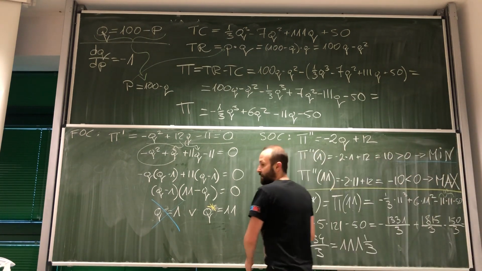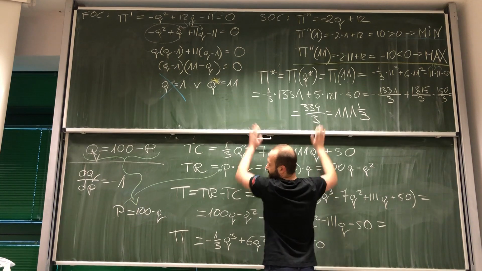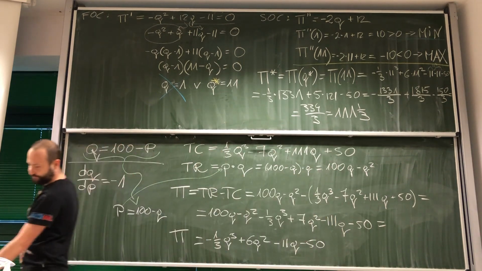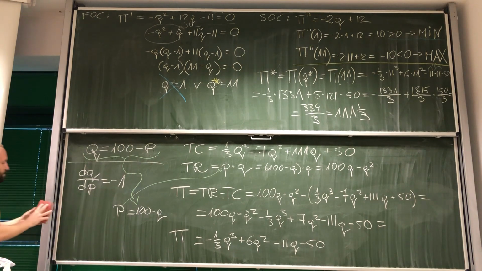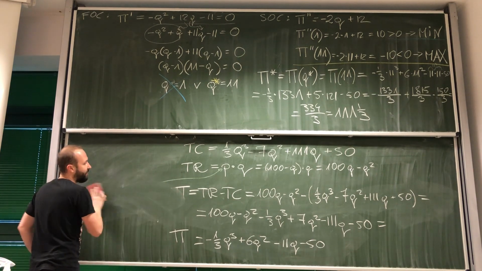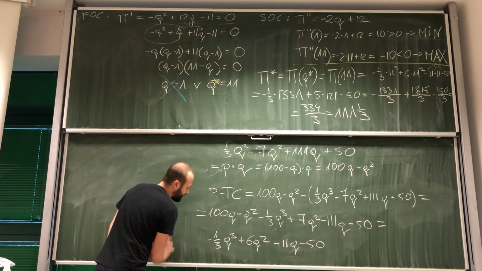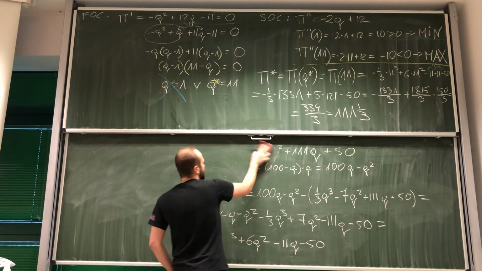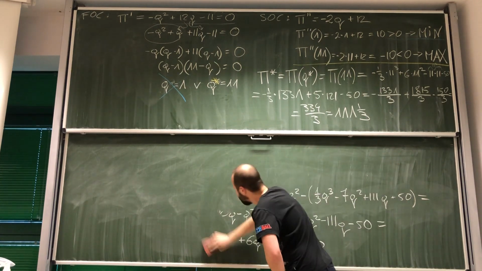Okay, so look, we have learned now how to find maximum profit, and we've actually discussed total revenue quite a lot, but we haven't discussed the cost.